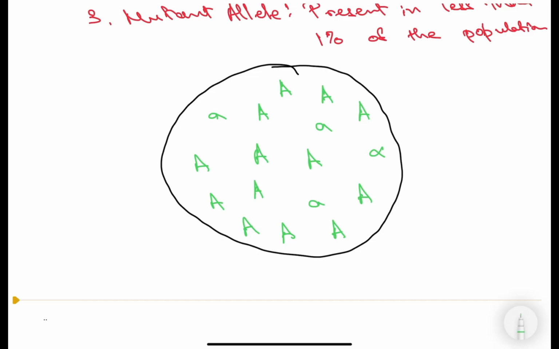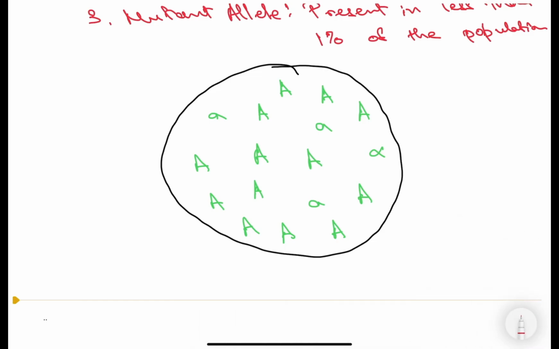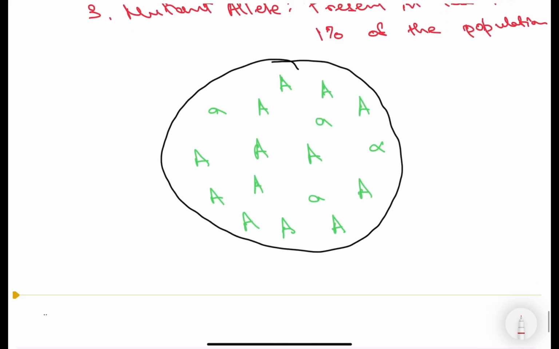Okay, so we can say from this that the wild allele has the maximum population, so here we can observe that the population of A is maximum, so A is the wild allele.